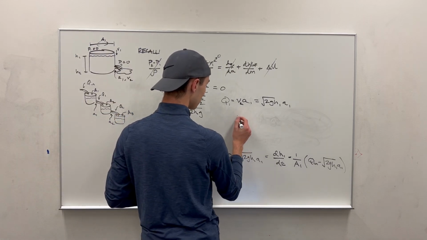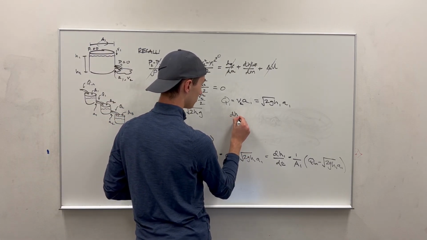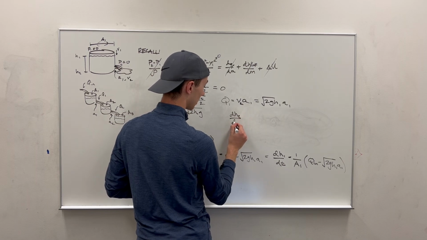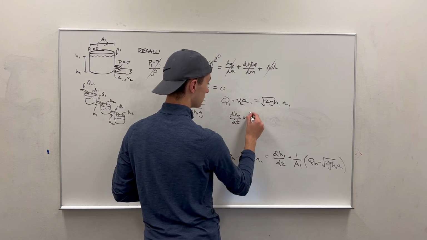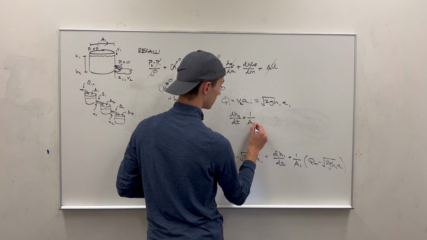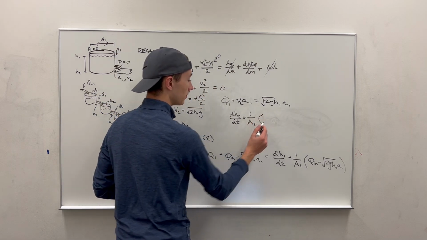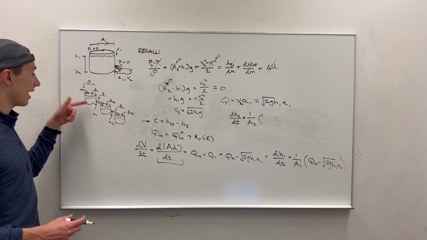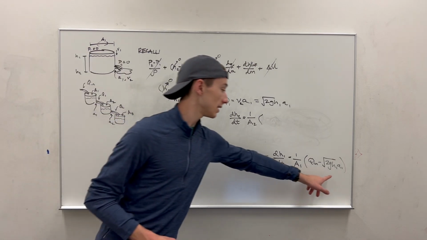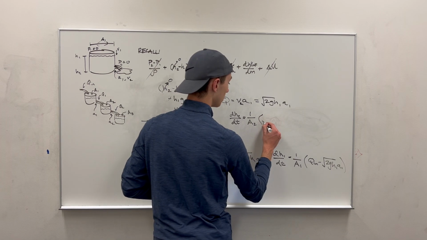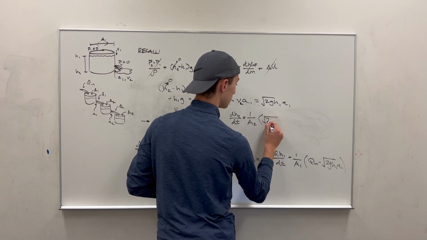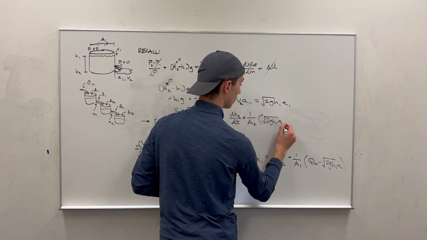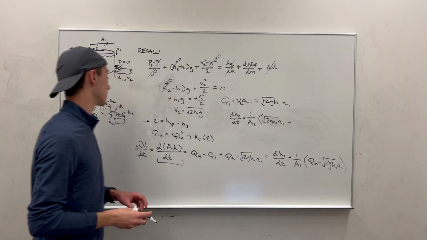I'm just going to write them up here. We have the rate of change of height in the second tank with respect to time is equal to 1 over the area of the second tank times the inlet flow. Well, what is the inlet flow of the second tank? It's the same as the outlet flow of the first tank, which is this. So we have 2GH1A1 minus, what is the outlet flow?